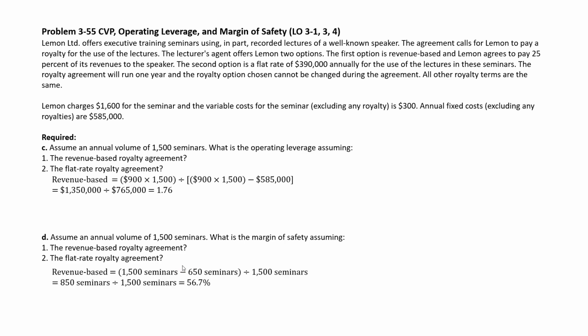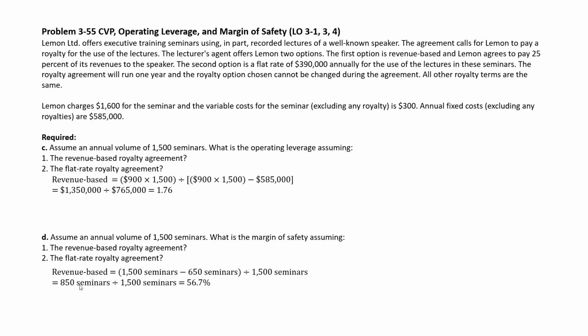So for the revenue-based royalty arrangement, again, where am I currently? We're currently at 1,500 seminars. Where was my break-even point? Go all the way back to Part A. We said the break-even for the revenue-based arrangement was 650. So 1,500 seminars minus 650 means break-even in units would be 850 seminars.